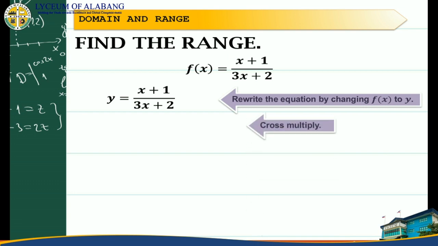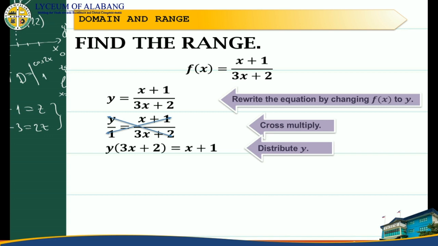Next, cross multiply. Then, distribute y. We have y times (3x plus 2) is equal to x plus 1.